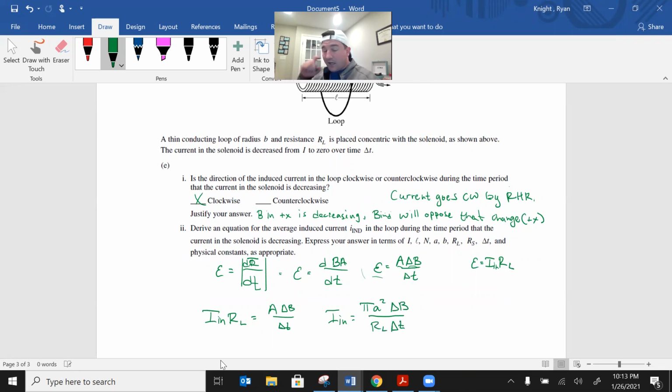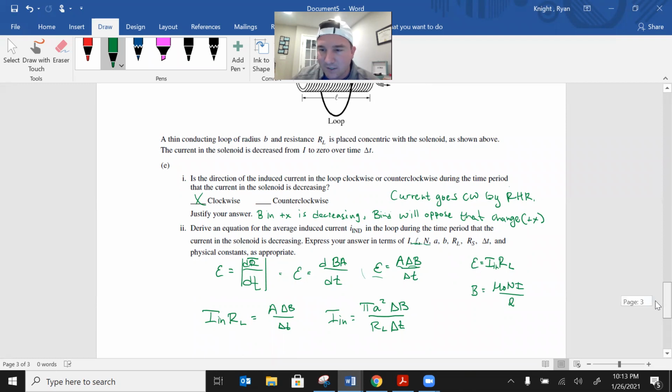We're getting closer. We still need to get rid of delta B. B in a solenoid, we have an equation for. We used it a couple times already, right? B is equal to mu naught N I over L. L we can use, N we can use, I we can use. There we go, right? So we substitute that in.